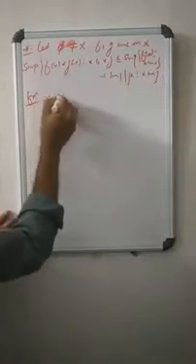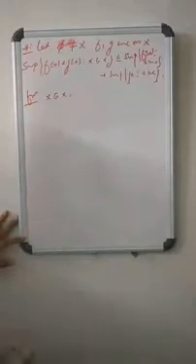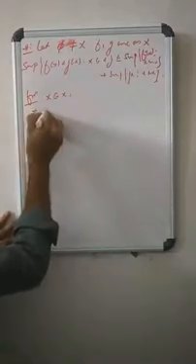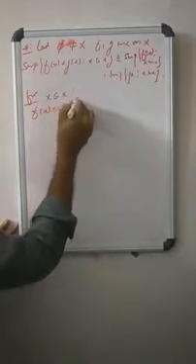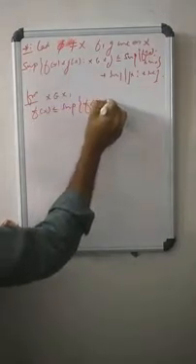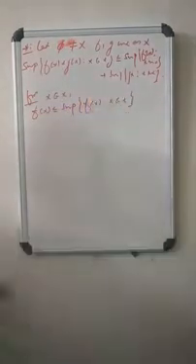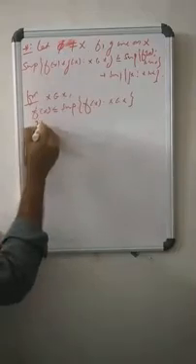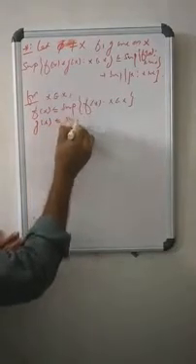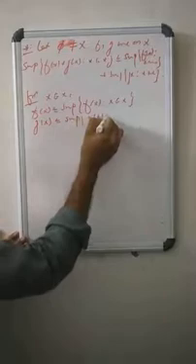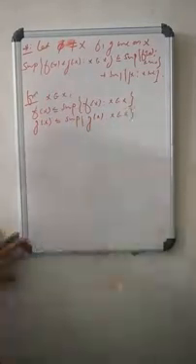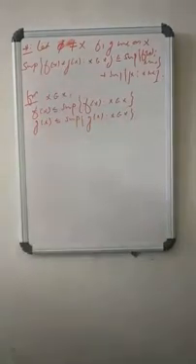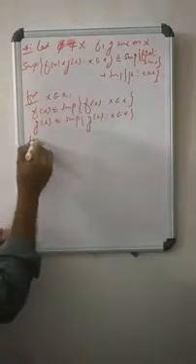For any x in X, we know that f of x is less than or equals supremum of f of x for all x in X. Similarly, g of x is less than or equals supremum of g of x for all x in X. Then, what is f of x plus g of x?